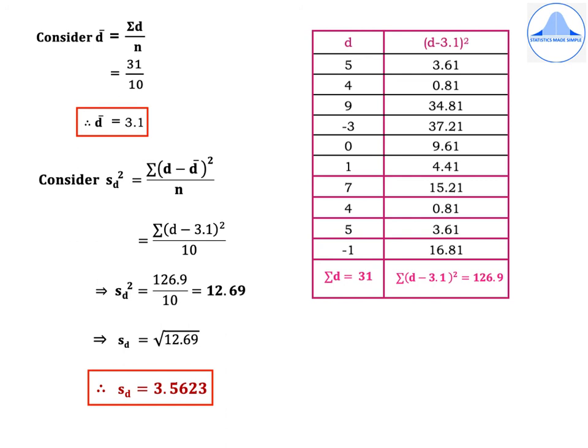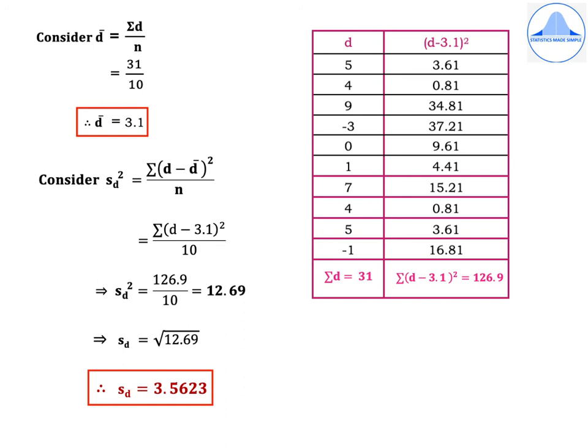Similarly, find out the remaining values, that is 0.81, 34.81, 37.21, 9.61, 4.41, 15.21, 0.81, 3.61, 16.81, which gives summation d minus 3.1 the whole square as 126.9.